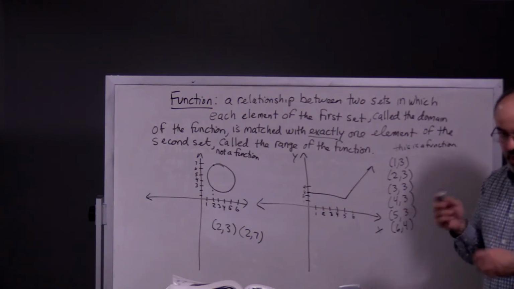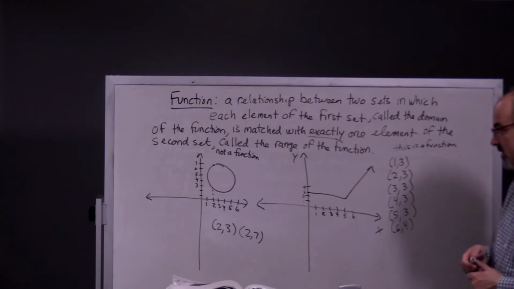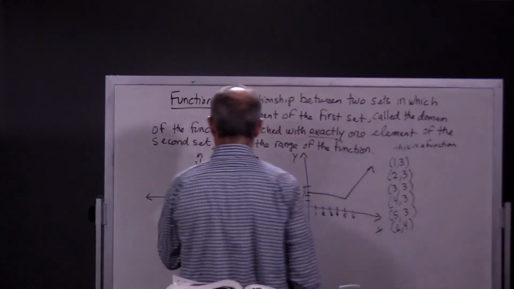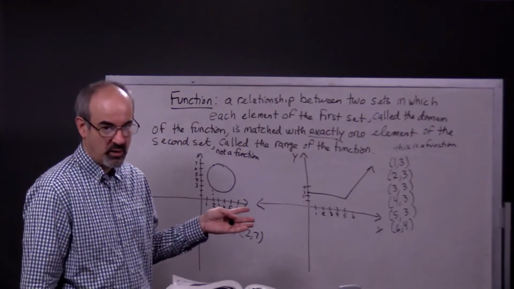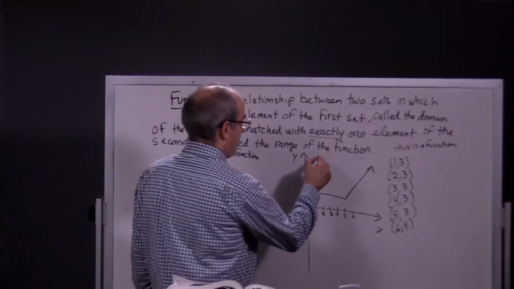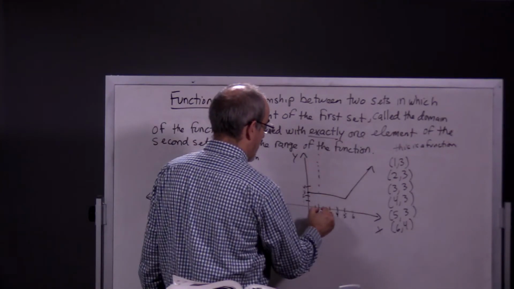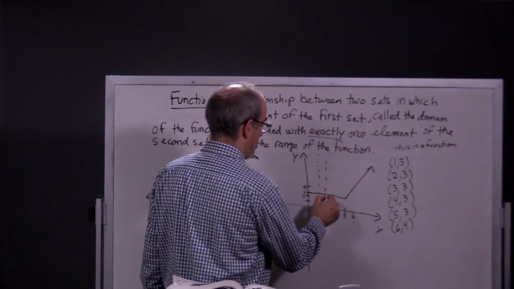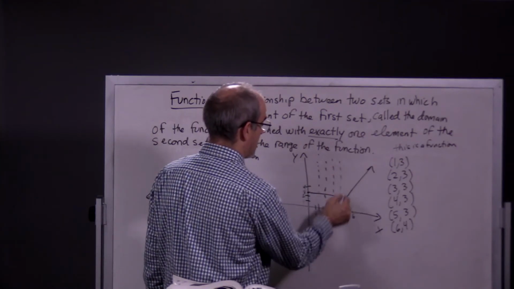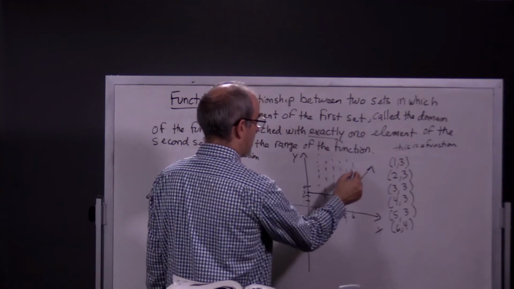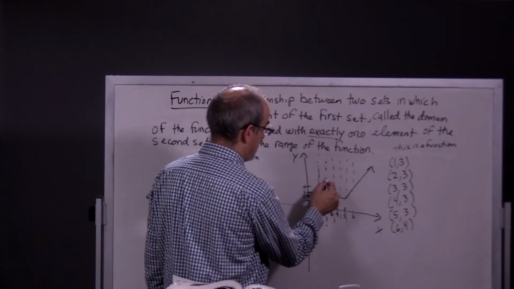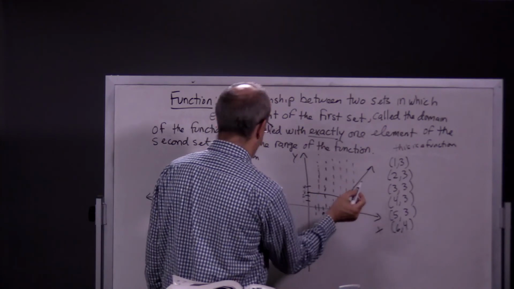One thing you might have heard of is something called the vertical line test. You can tell if a graph depicts a function if anytime you draw a vertical line, it only goes through at most one point of the graph. So if I draw vertical lines over here, each vertical line only goes through one point. This vertical line goes through there, this one goes through there, this one goes through there.